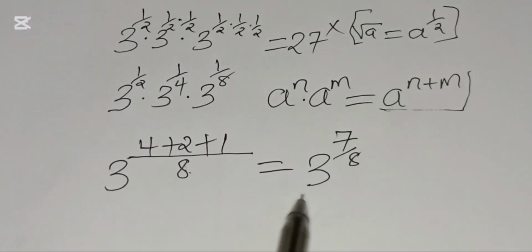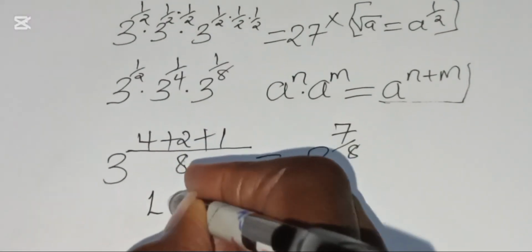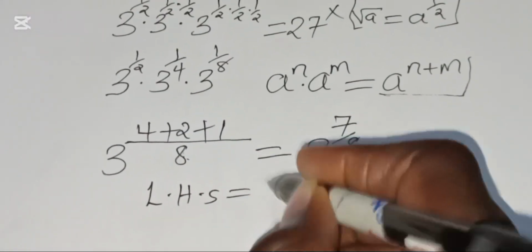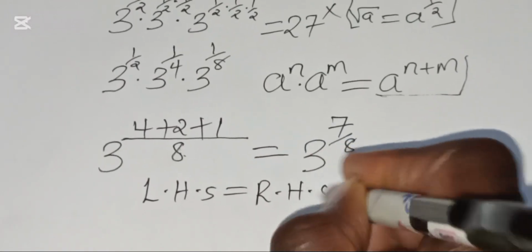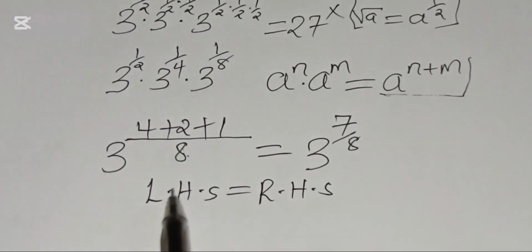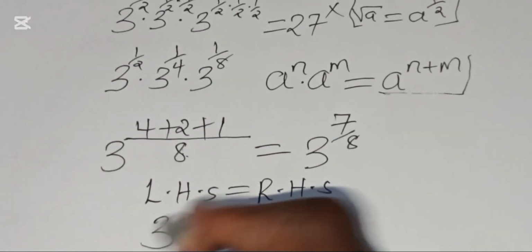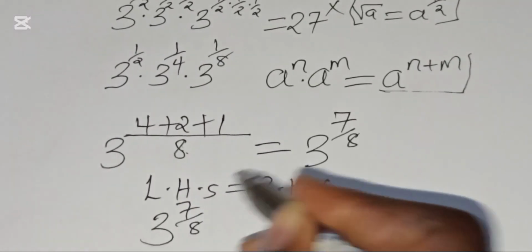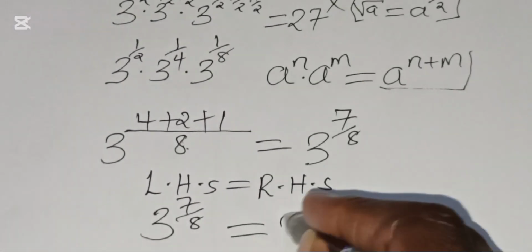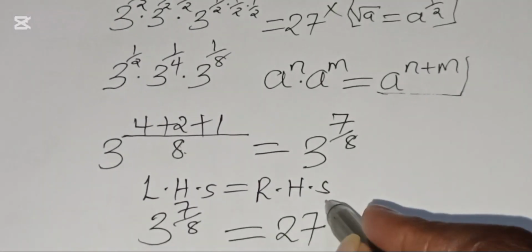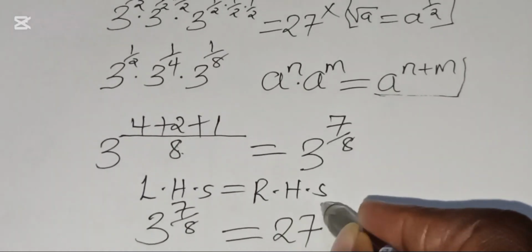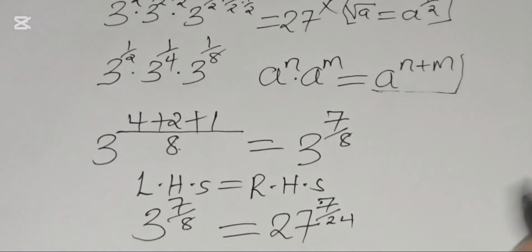Remember, the left hand side is supposed to be equal to the right hand side. In this case our left hand side is 3 raised to power 7 over 8, which is supposed to give us a value of 27 raised to power x, and the value of x is 7 over 24.